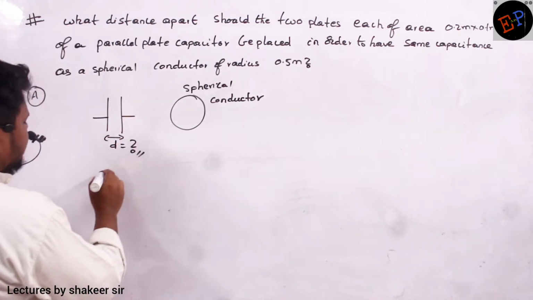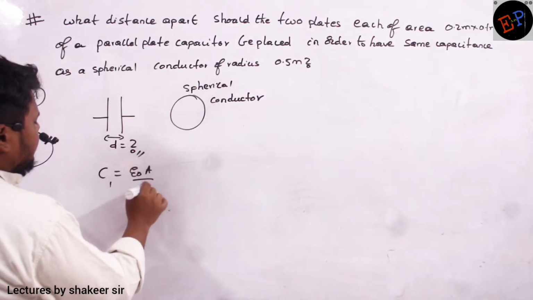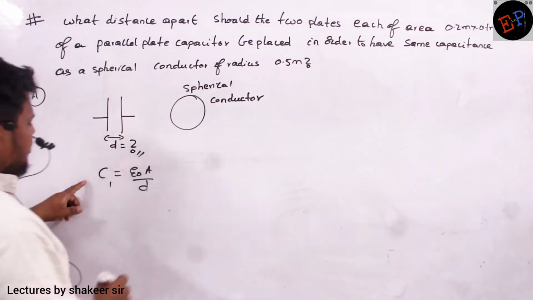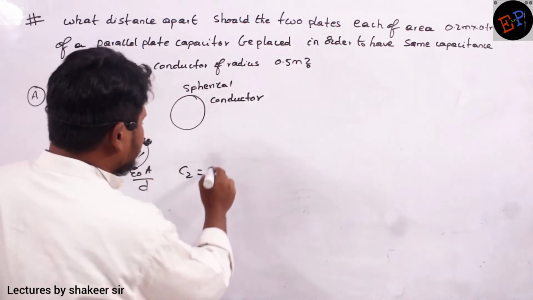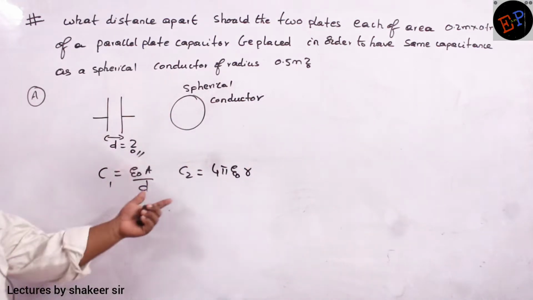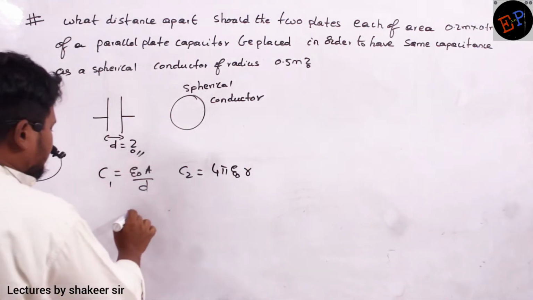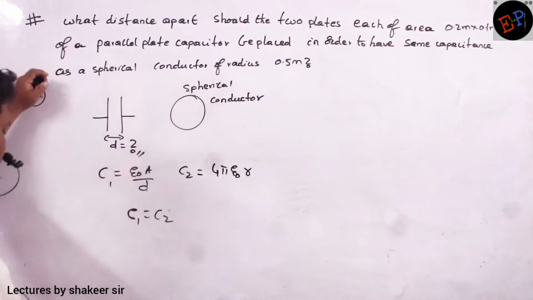Capacitance of parallel plate capacitor C is equal to epsilon naught A by d. This is the formula, no? And what is the equation to calculate capacitance of a spherical capacitor or spherical conductor? 4 pi epsilon naught into R. This is the relation. Just equate these two. Clear, ma? So I can say C1 must be equal to C2. That is the relation which he gave.